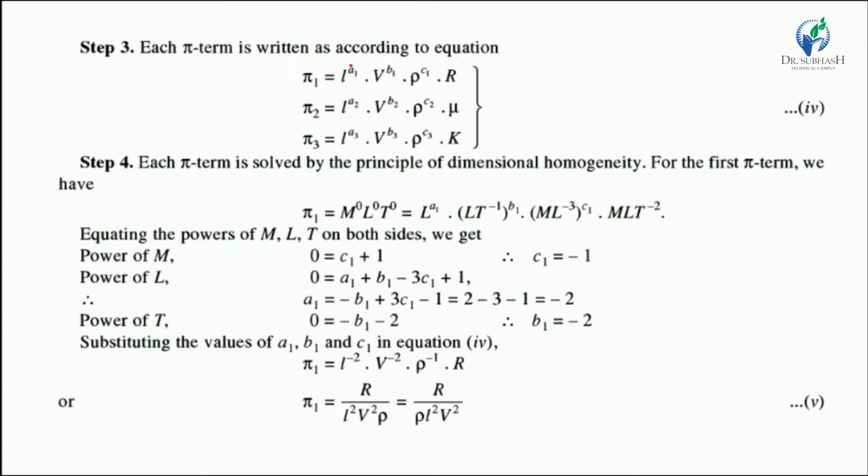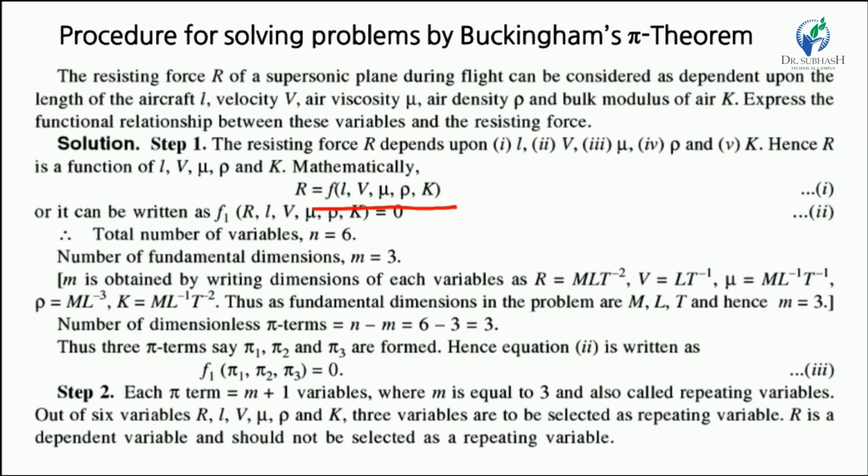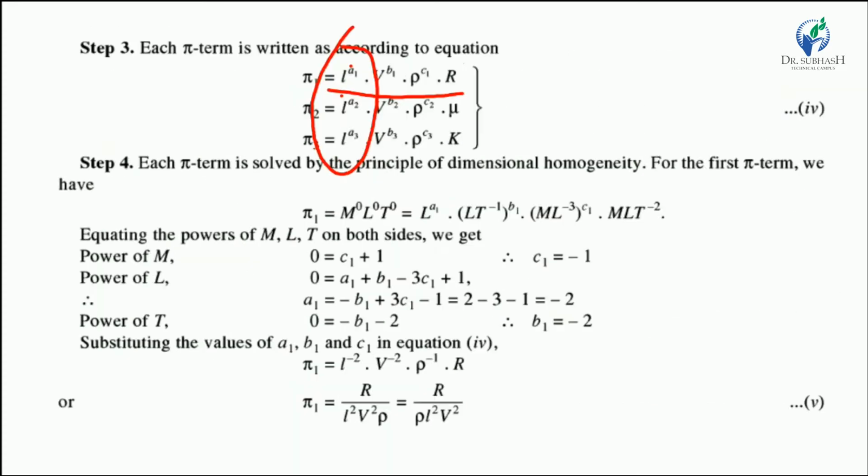First of all we have to decide the repeating variables and then the non-repeating variables. The rule for repeating variables is that the first repeating variable is taken from the geometrical property. We have 6 variables, in which L is a geometrical property. So L is taken as the first repeating variable, and the second repeating variable is taken from the flow property of fluid.